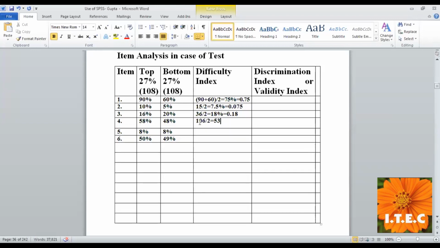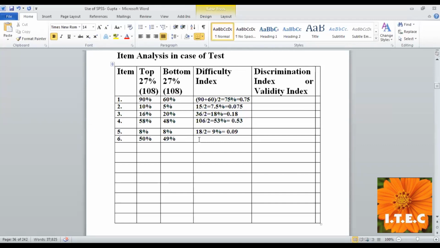So 53% means 0.53. Now this will be 16 divided by 2, which will be equal to 9%. And 9% will be equal to 0.09.